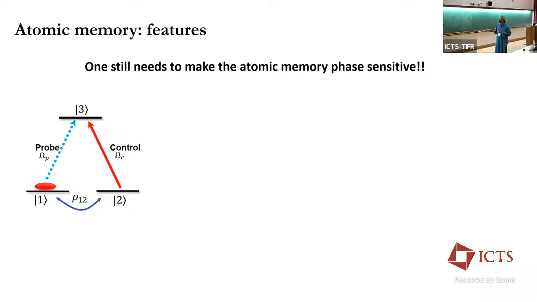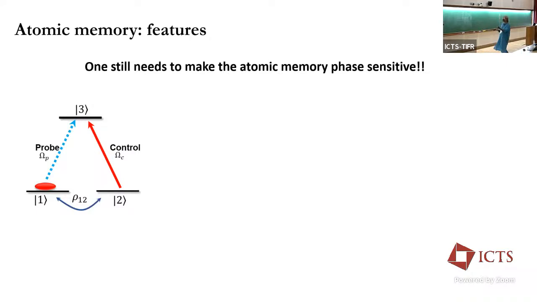But suppose I put in a magnetic field now, because I'm interested in making a magnetometer. There will be a shift in energy, but that energy will appear in this coherence as a phase, an overall phase. If I convert it back to the probe, that will be an overall phase on the probe. But we don't detect electric fields, we detect intensity, and the phase is gone.